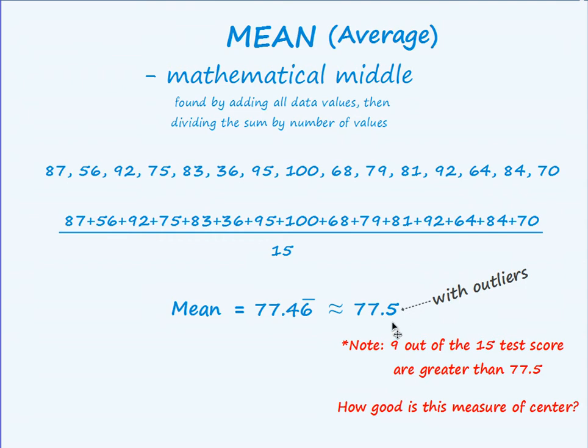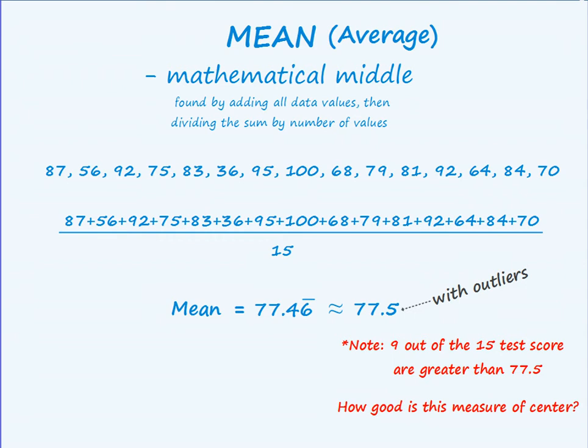Our mean of 77.5 is considered with an outlier because there's an actual outlier in our list of data. If you look at the test scores, we have a perfect test score of 100. We have a few in the 90s, some in the 80s and 70s and 60s, and even one in the high 50s.